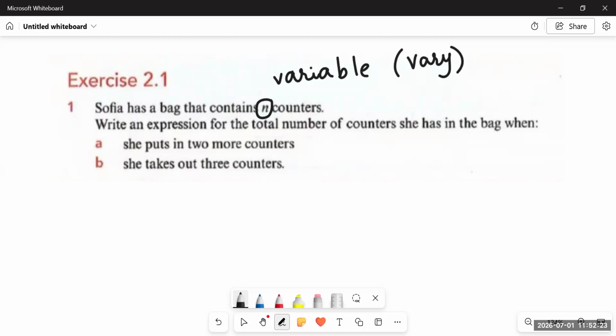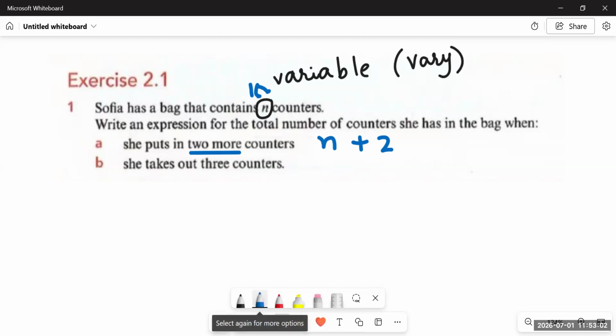If I give you a situation that initially Sophia has 10 counters in her bag, and then she puts in two more, what would you do with 10? You will write 10 plus 2, right? This is the new total number of counters she would have. But here, the initial number of counters was n, so we will write it as n plus 2, right?